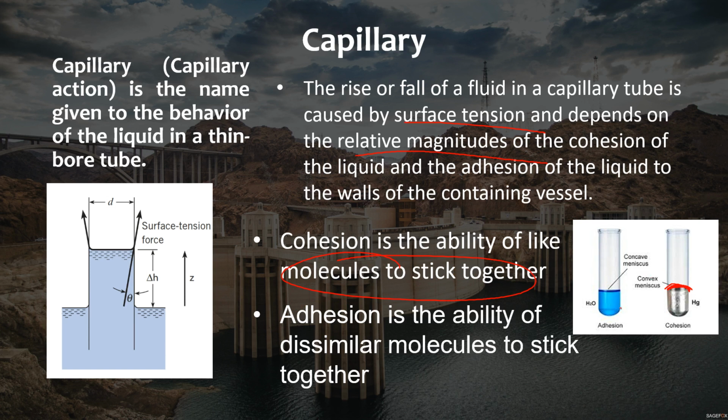Then in adhesion, the liquid sticks to the walls of your container or tube. That's why there is a slight rise in the liquid surface, which is the effect of adhesion because the liquid is sticking. The two different materials, the liquid and the walls of the tube, stick together. So the concavity is upward.